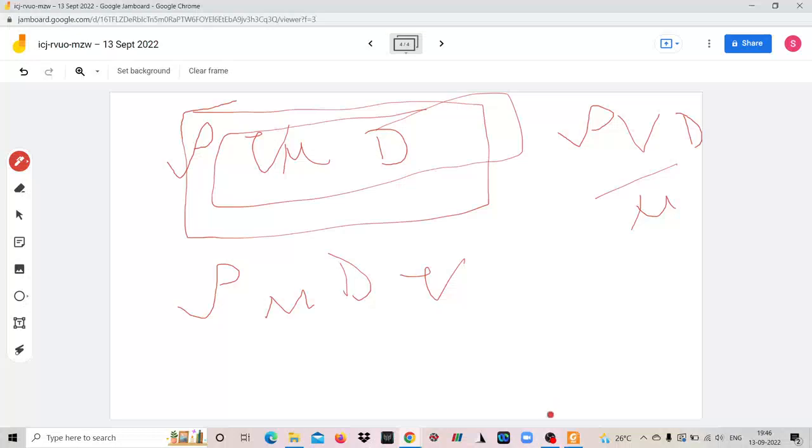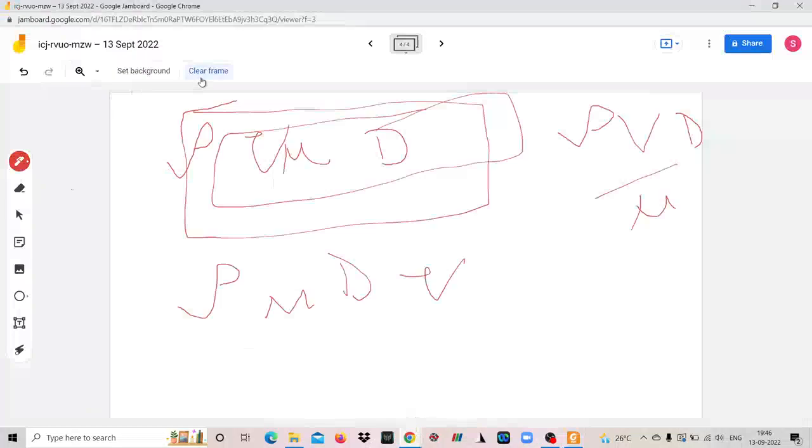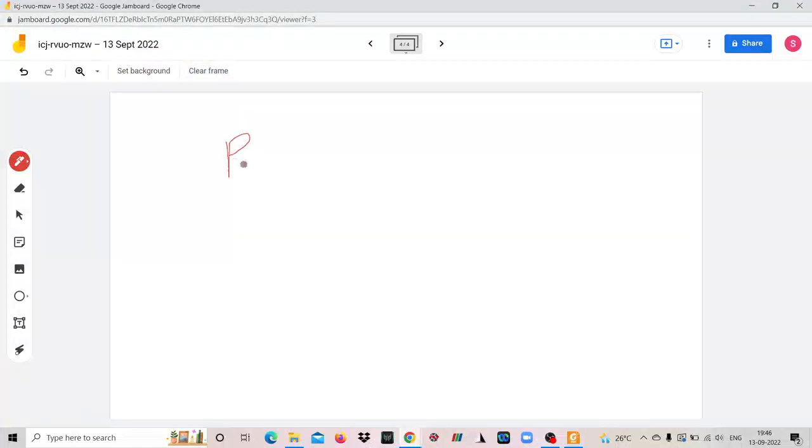You can choose any one of these as the model and the other one is the prototype. That is not important because here nothing is given. If you select Reynolds model law, then it states that the Reynolds number of the model and the Reynolds number of the prototype must be same.